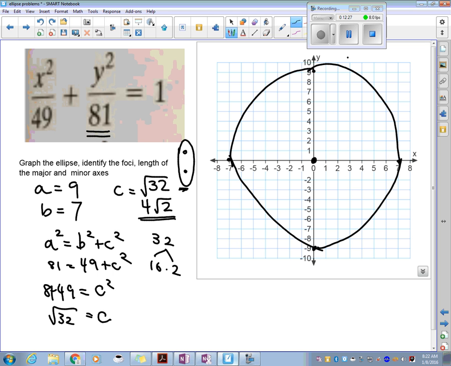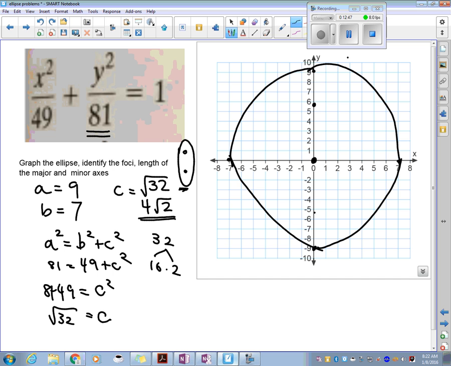Okay? So what is 4 square roots of 2? If you don't know how to graph that, do in your calculator 4 times the square root of 2. What is that number? Okay. So 4 square roots of 2 is a little more than 5. So there's the foci and there's the foci.